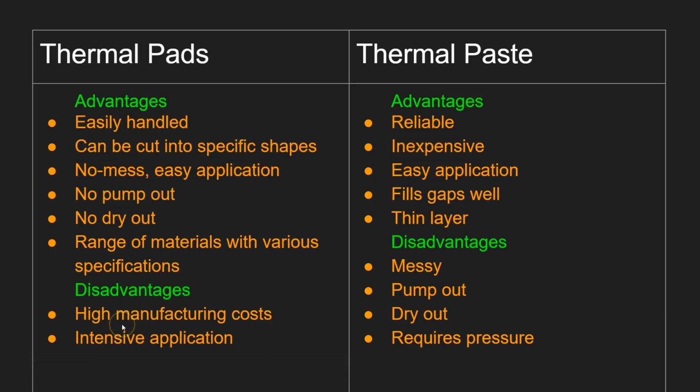Disadvantages: high manufacturing costs, intensive application. Whereas if we use thermal paste, then it is more reliable, inexpensive, easy application, fills gaps well, thin layer. And the disadvantages are these: it is sometimes messy, it pumps out, dries out, and requires pressure.